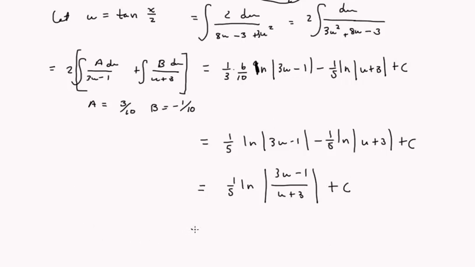And finally, we want to sub back, so we have 1/5 natural log 3, now u equals the tangent of x over 2, minus 1, like that, all over the tangent of x over 2 plus 3 plus c. Man, that's a fun one. Try that again. Do it without the video this time.